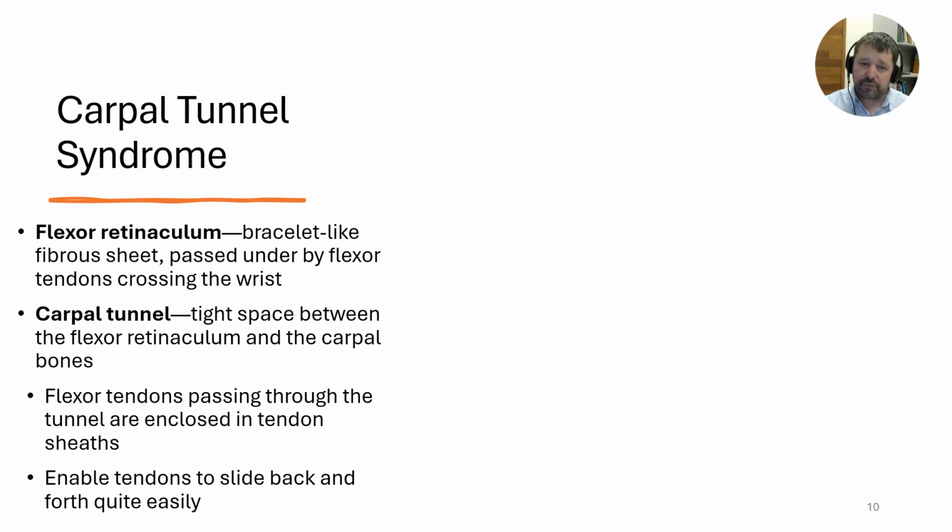So that flexor tendon passing through the tunnel, okay, is enclosed in a tendon sheath, okay, and sometimes you can get that tendon sheath moving back and forth. Sometimes you can get a little fluid buildup in there. You can get inflammation. Okay, you can get extra blood flowing in there.